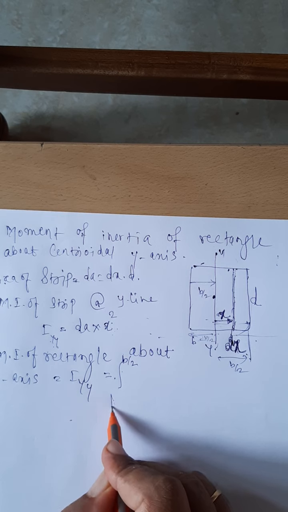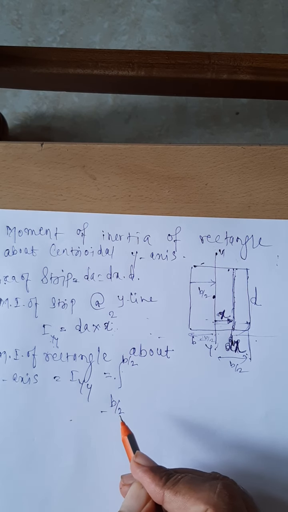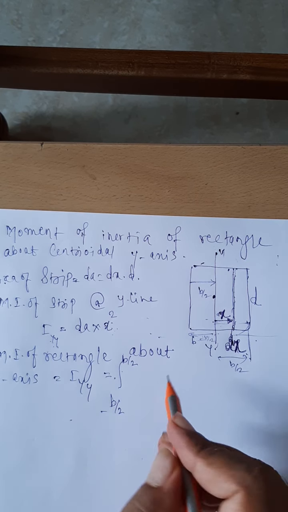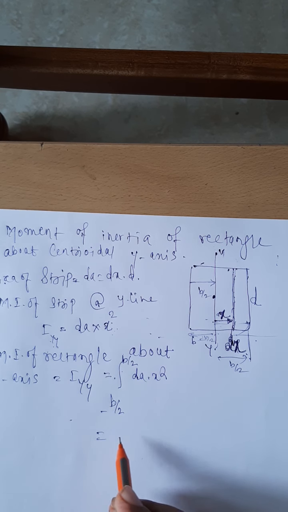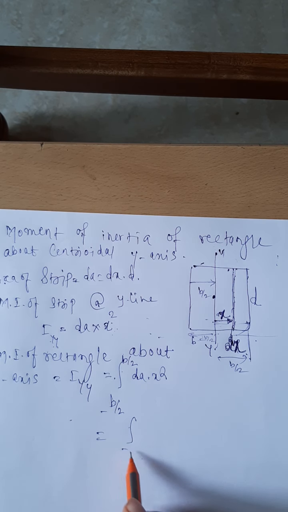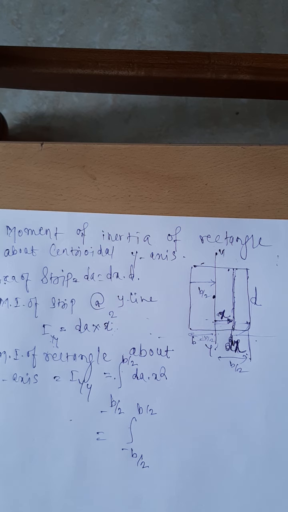The area of the strip is dA into x square. Now substitute the value of dA, integral from minus b by 2 to plus b by 2.